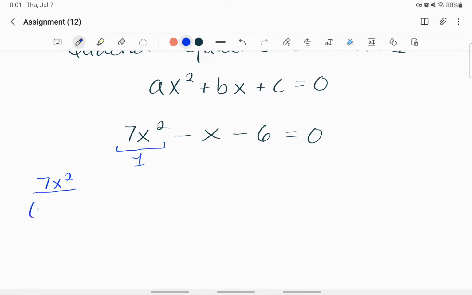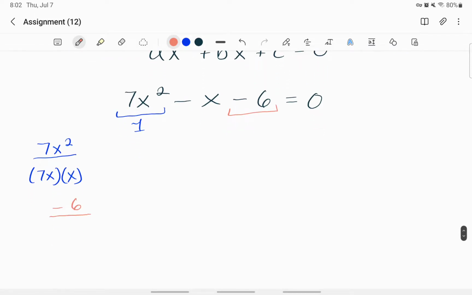7x squared is 7x times 1x. They give you 7x squared. Find the factors of negative 6. I know it's going to be negative and positive, but I'm just going to put 1 and 6, 2 and 3.